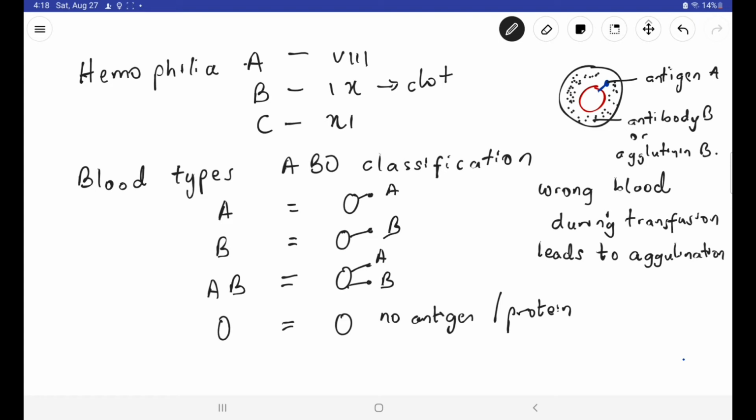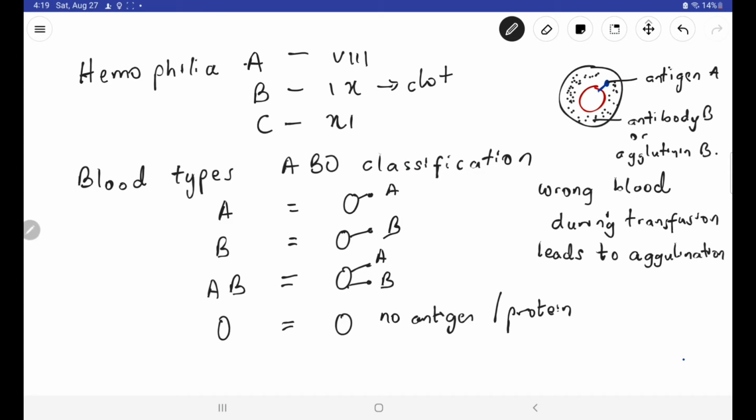Now let's dive into blood types. Blood types can be categorized according to different criteria. But what we're actually going to use is the ABO system of classification. Now, blood groups under the ABO classification can be blood group A, blood group B, blood group AB, or blood group O. An individual who belongs to blood group A would have the presence of A antigen.